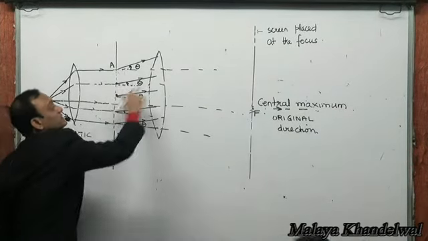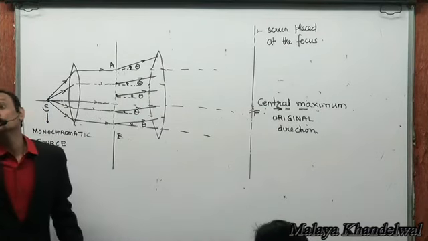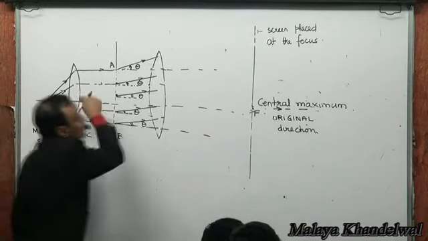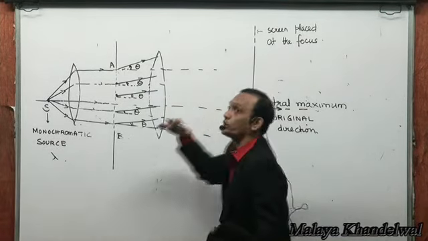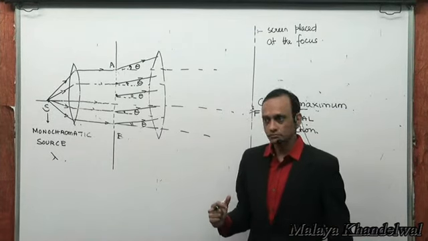These are parallel rays, parallel to each other, not parallel to the principal axis of the lens, and not parallel to the original direction of the incident energy, right?